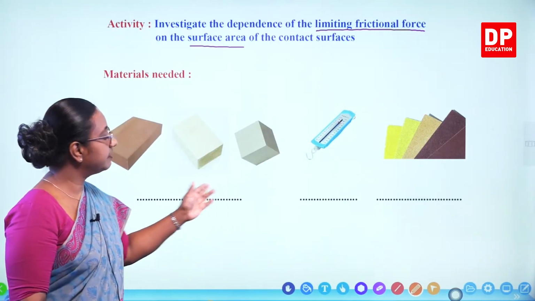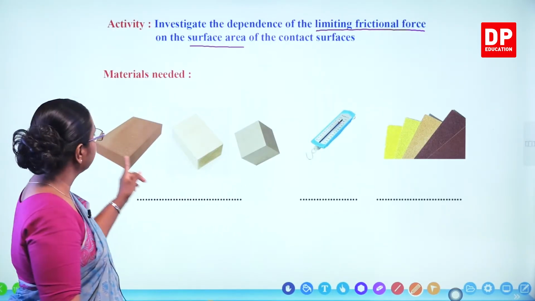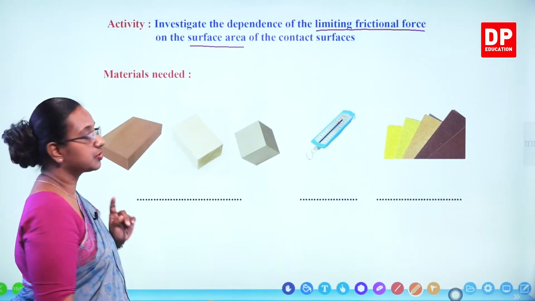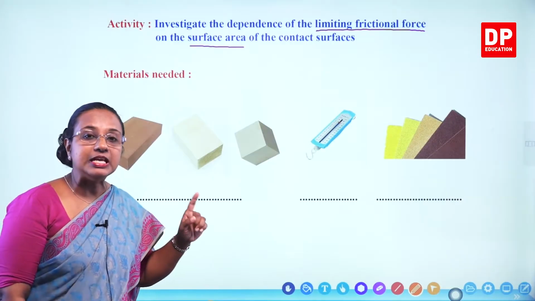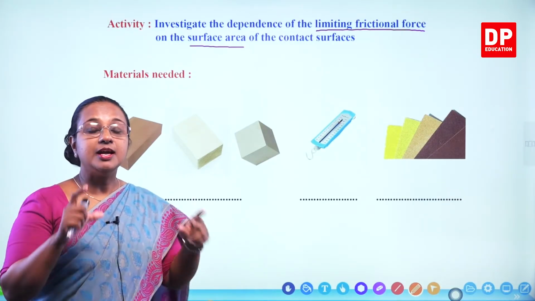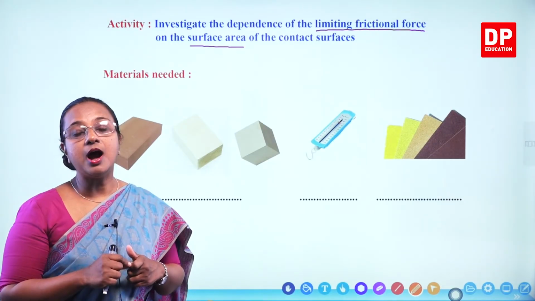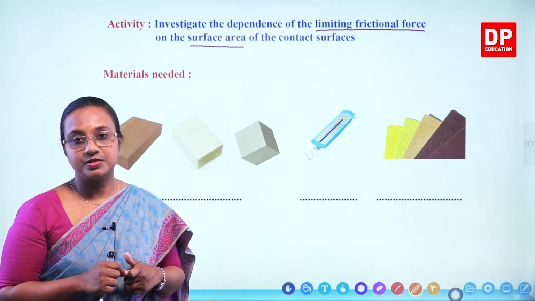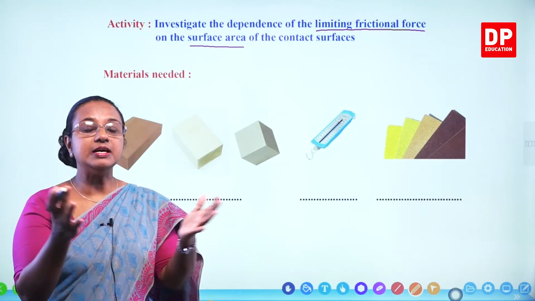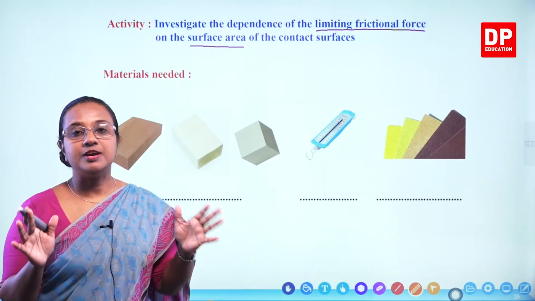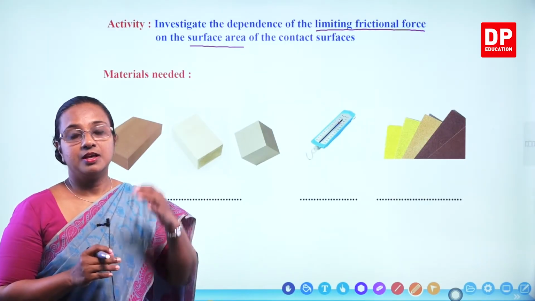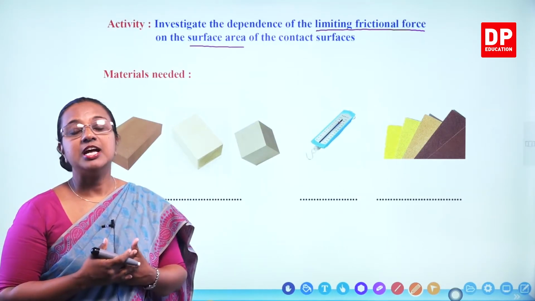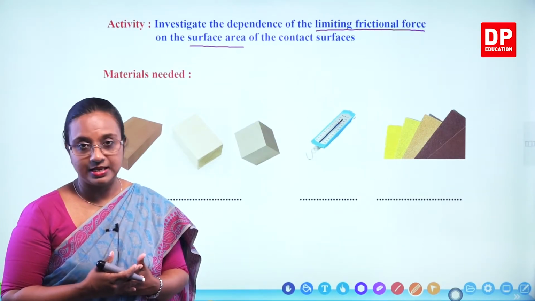In this first picture you can see there are 3 wooden blocks shown to you. That is to indicate that we need a wooden block with different area of contact surface. So it cannot be a cube. It has to be a wooden block which has different areas. The faces have to have different surface areas.